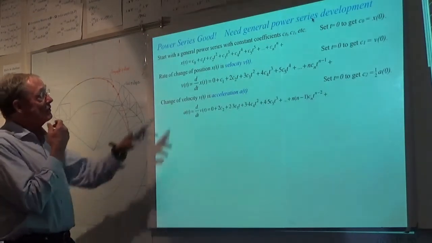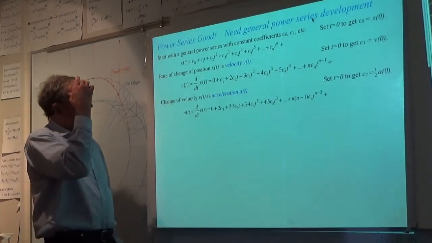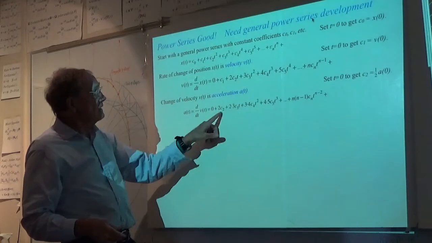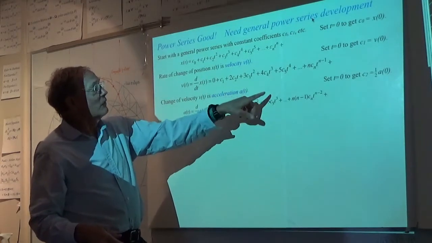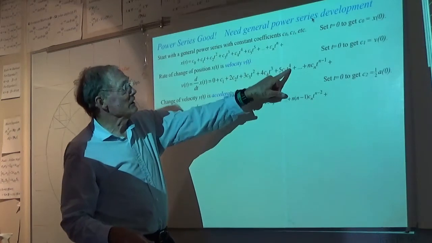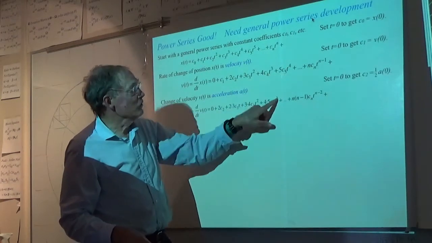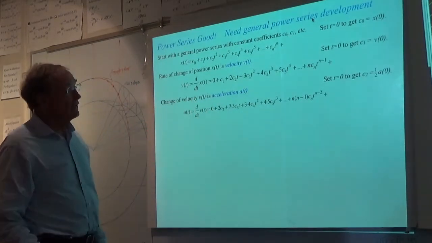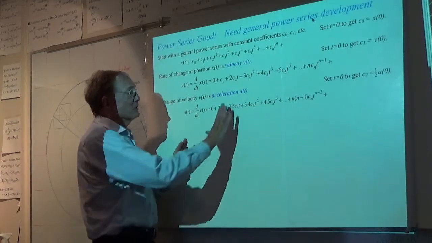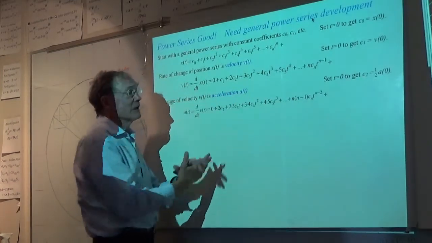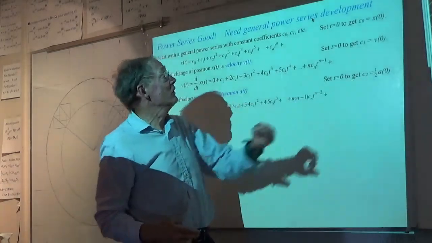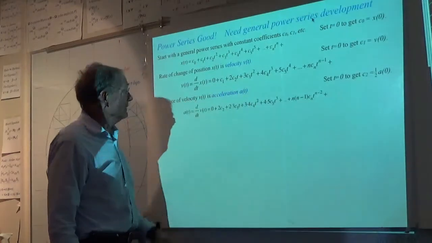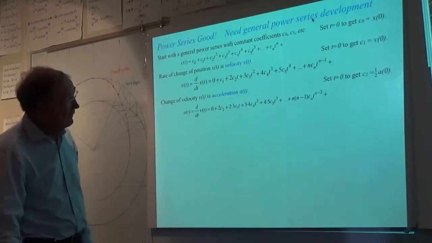And then the change in velocity with respect to time, that's what we call acceleration. Same deal. I take a derivative of this thing and get here, for example, with the c5, 4 times 5 t cubed, and so forth in that series. And set t equal to 0 now, you lose everything beyond here. So the coefficient c2 right here is just 1/2 of our initial acceleration.